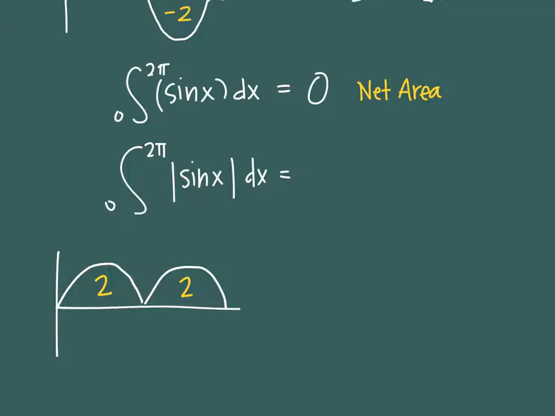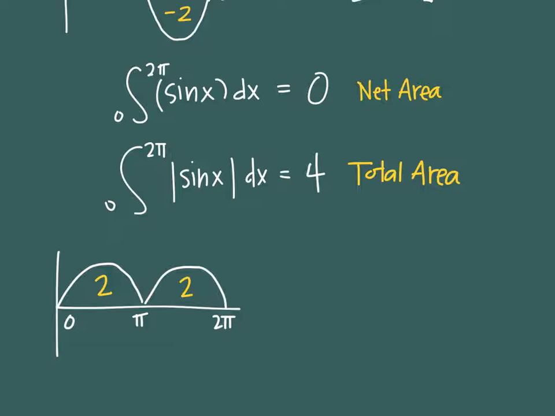So the value of the integral is now 4, and that's total area. And we're going from 0 to pi to 2 pi. That works out really nicely for us because this was symmetric, we knew the value, everything worked out great.